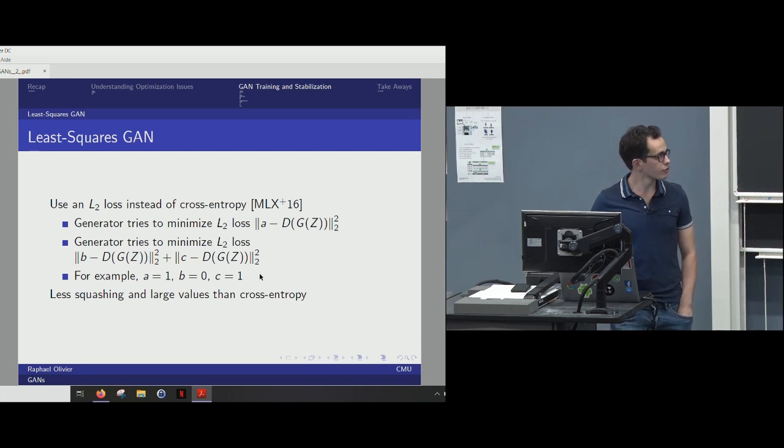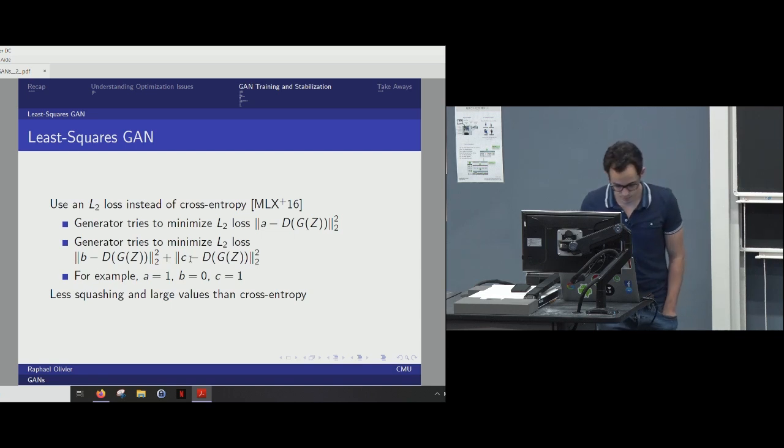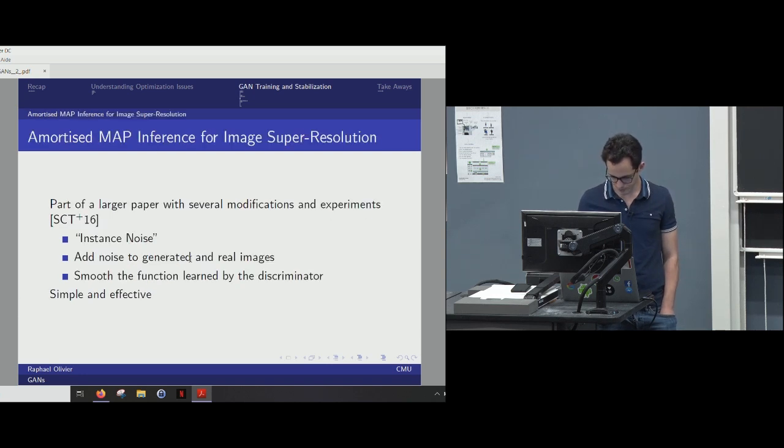But that's not the only thing you can do, as it turns out. If C is somewhere in the middle between fake and real, it also works. And there are results proving that if you're doing that, you're maximizing some sort of correlation between your two distributions if C is in the middle. It's an interesting paper. You can look it up.